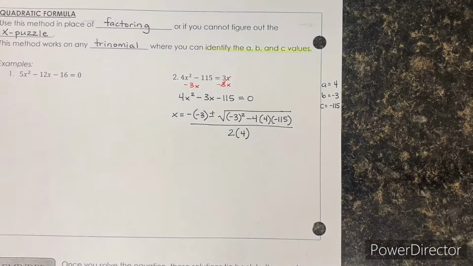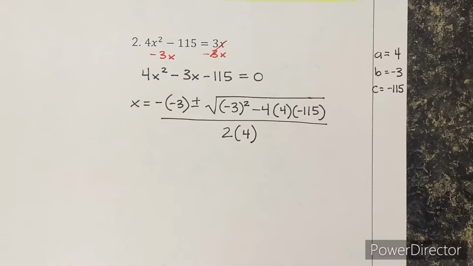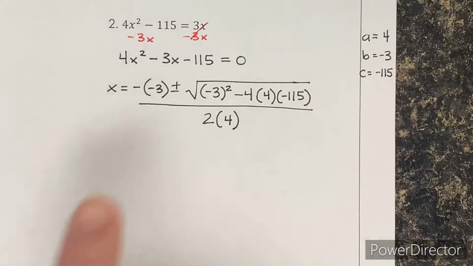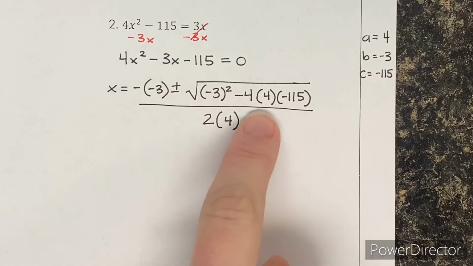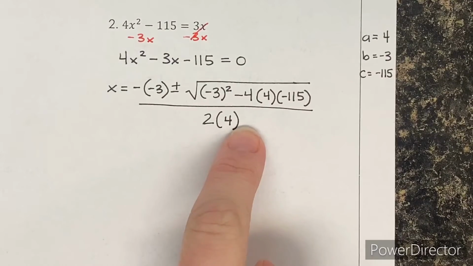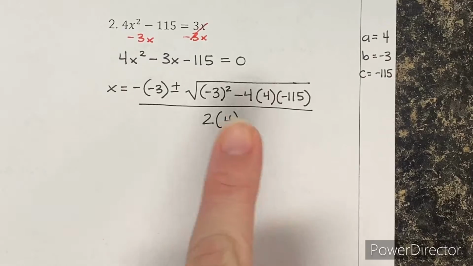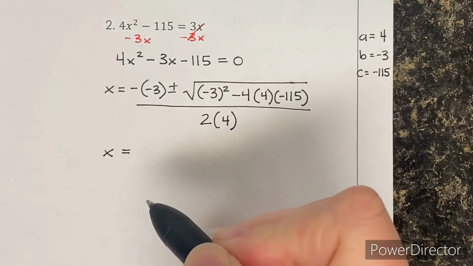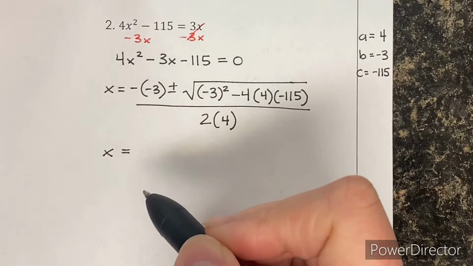Okay, so now we need to focus on actually simplifying this correctly. This is correct so far. We've entered in our numbers into the correct places for the quadratic formula. Now I just need to simplify it so that way I can use my calculator. So here's how I do that. I bring down that x equals.